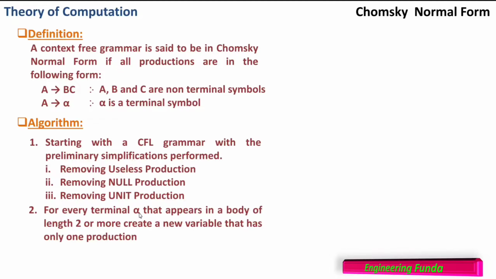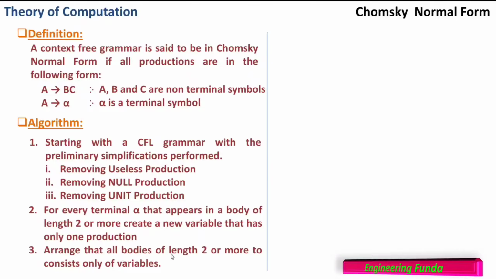For every terminal alpha that appears in a body of length 2 or more, create a new variable that has only one production. So all those terminals which are present in the productions on the right hand side having length 2 or more, we have to make a new production with a new variable that has only one terminal on the right hand side.